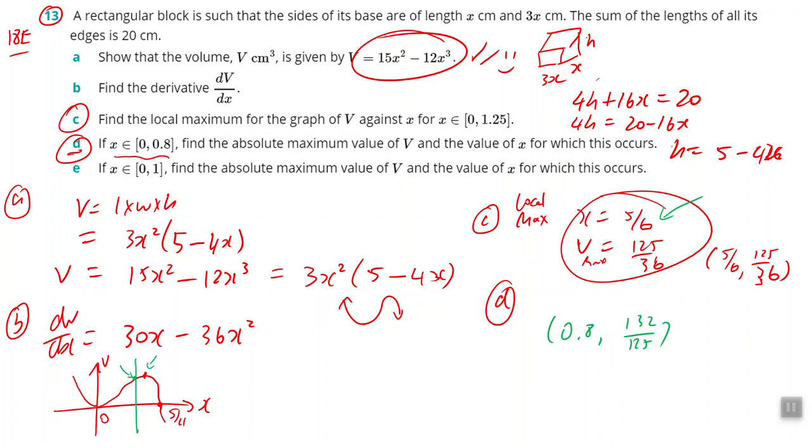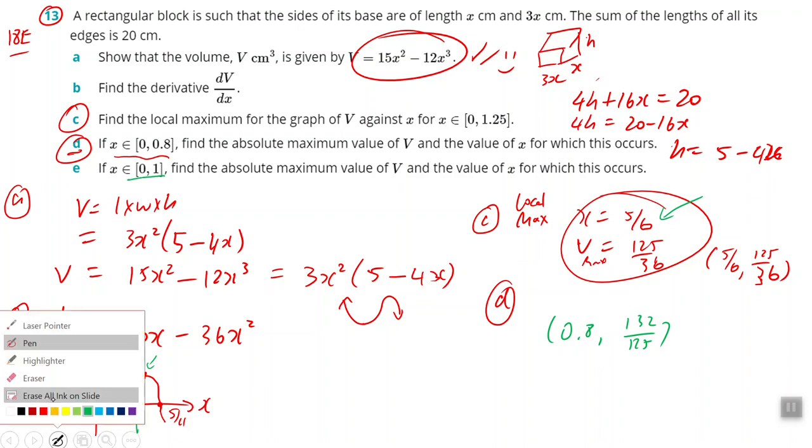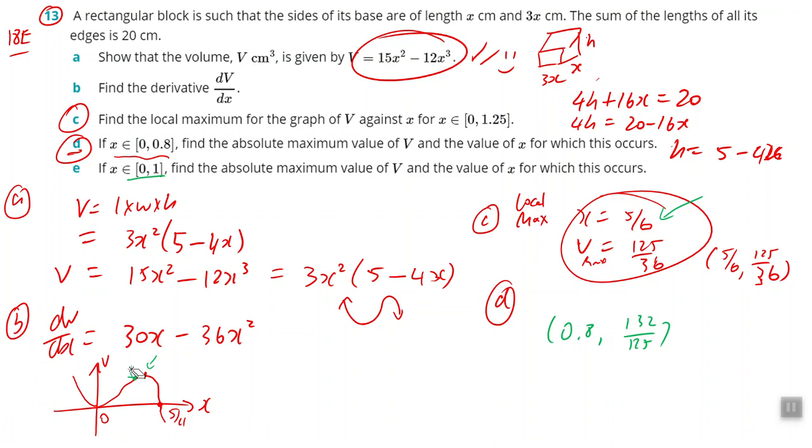Now, if it says between 0 and 1, we can use the original maximum, because between 0 and 1 the graph would be cut off somewhere here, so this is still going to be the maximum.